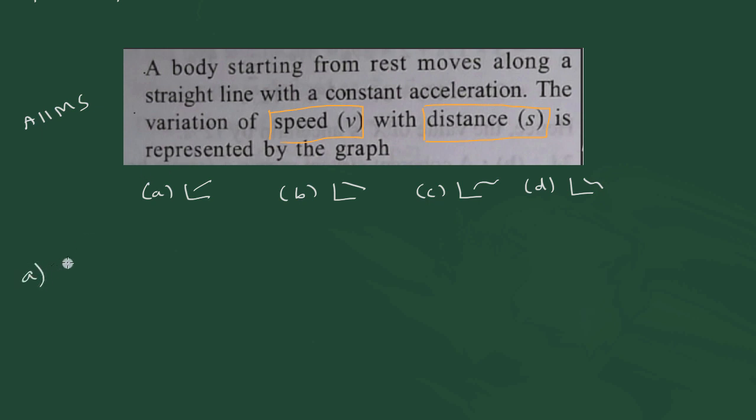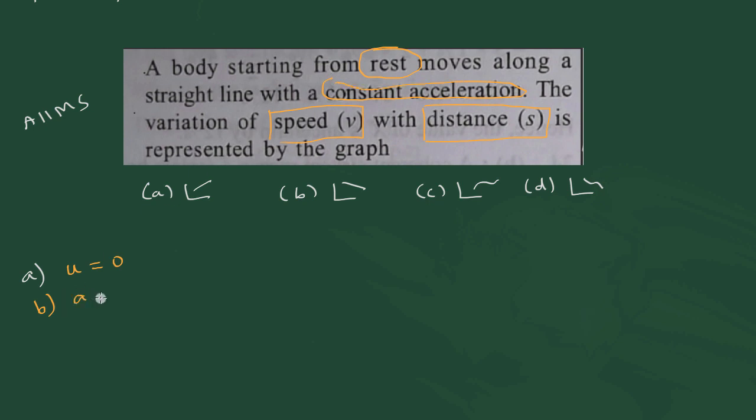Something is given here in the problem. The first thing is the object is moving from rest. So let me put it down. An object is moving from rest, which means that the initial velocity is 0. That is the first point. Second point is the object is moving with constant acceleration.